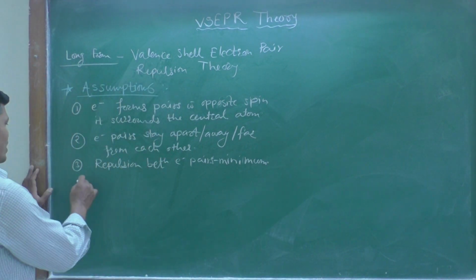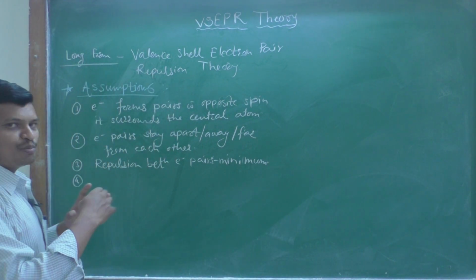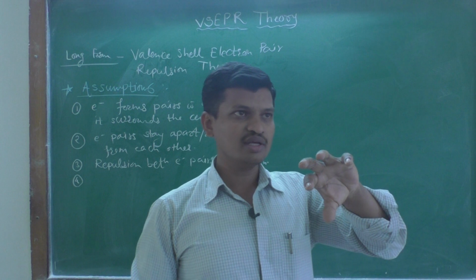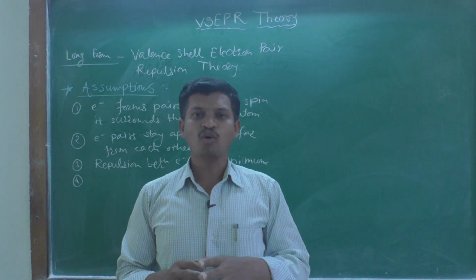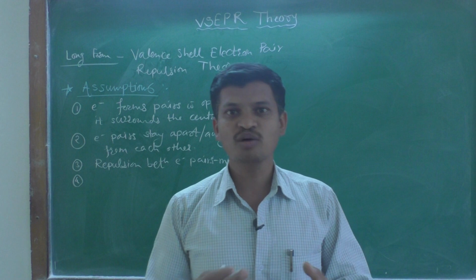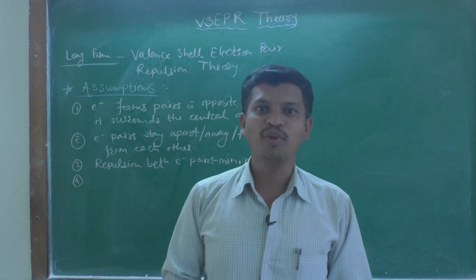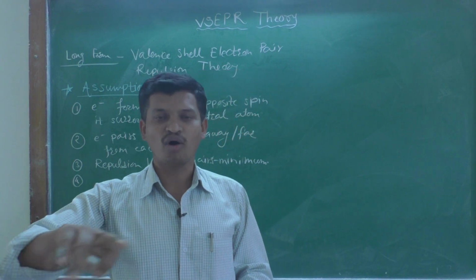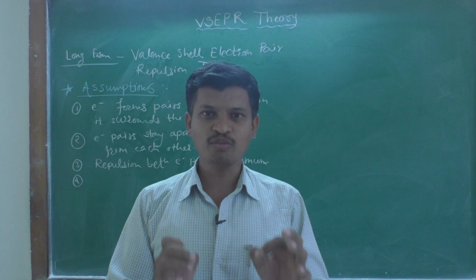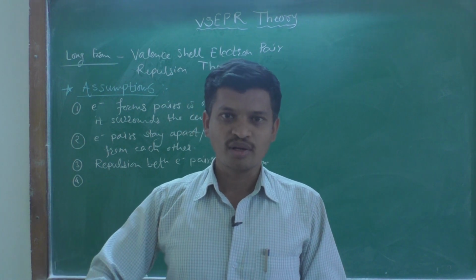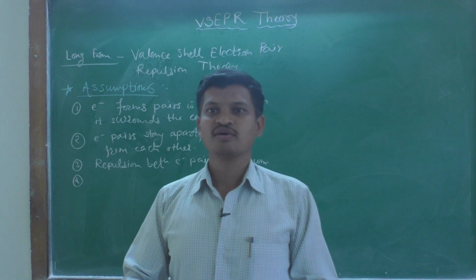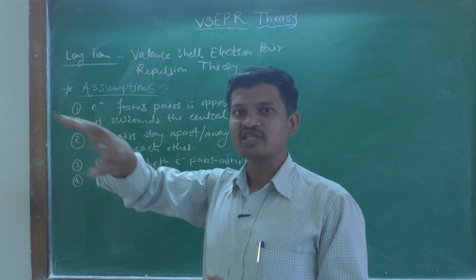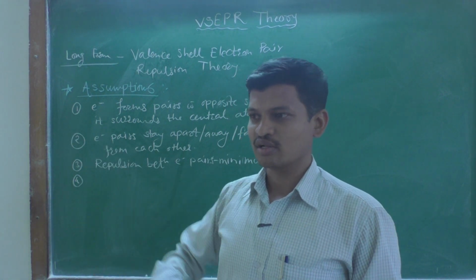Okay, then, out of the total electron pairs around the central atom, some or all may be forming bonds with the peripheral or surrounding atoms.